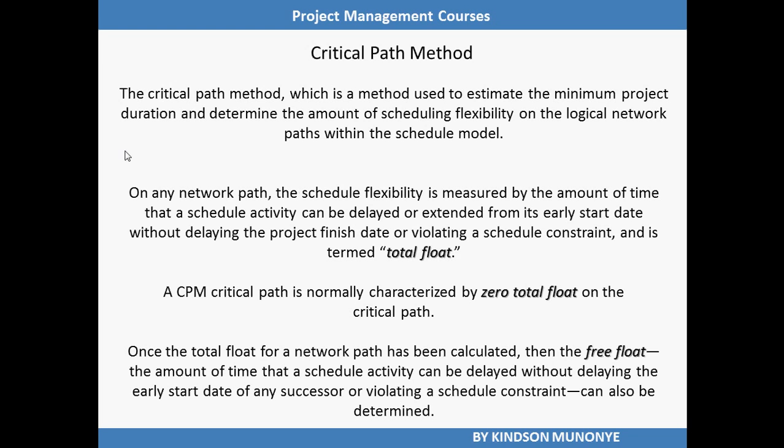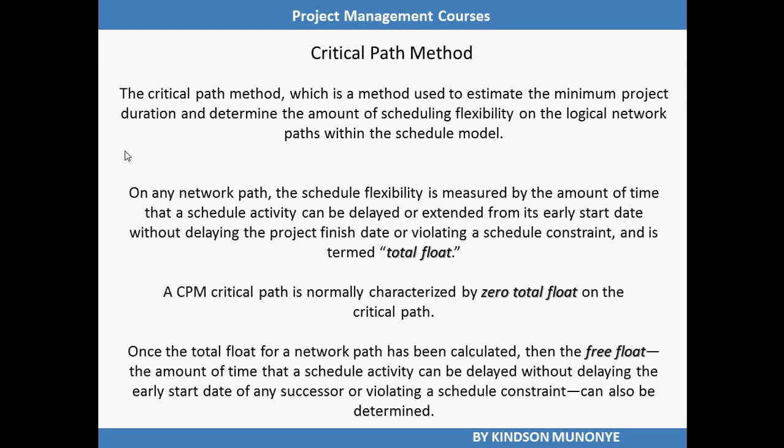On any network path, the schedule flexibility is measured by the amount of time that a scheduled activity can be delayed or extended from its early start date without delaying the project finish date or violating a schedule constraint, and is termed total float.